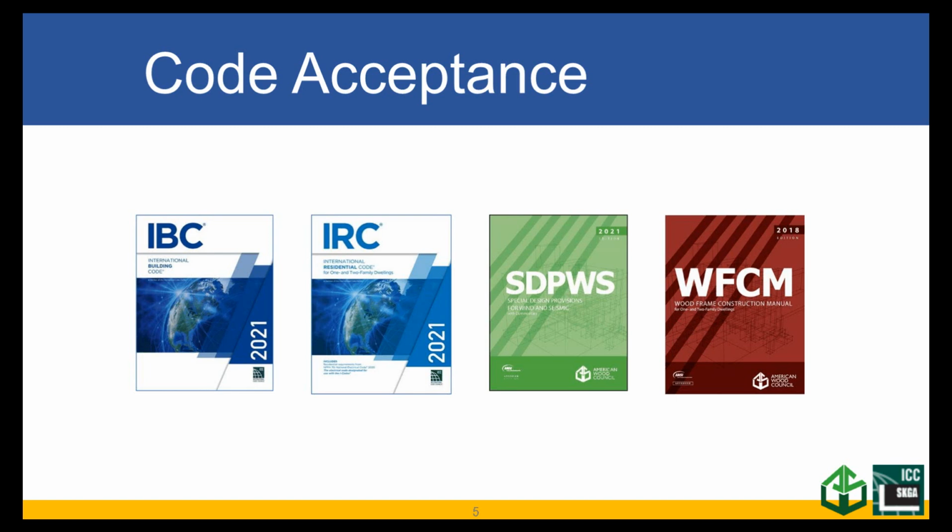I actually developed this presentation a couple of years ago when I was with the American Wood Council, before I came to ICC, and so we simply updated this program to incorporate the new 2021 codes and standards, but it's, I guess what we could say, backward compatible, if you will, to 2018 codes and to 2015 wind and seismic provisions as well.